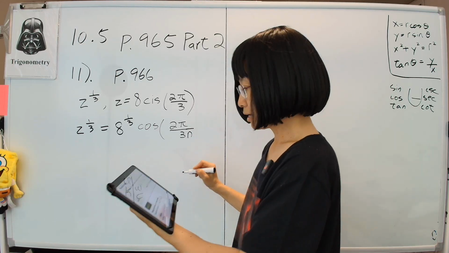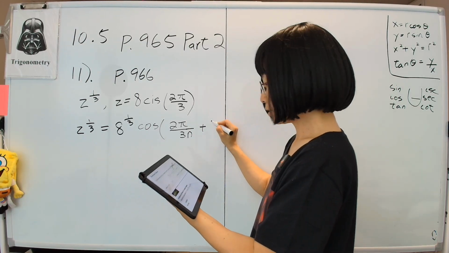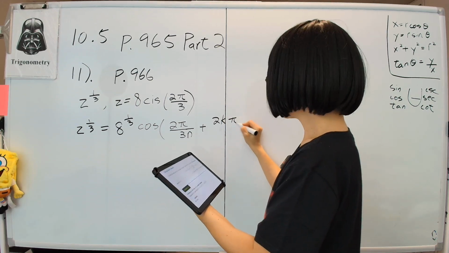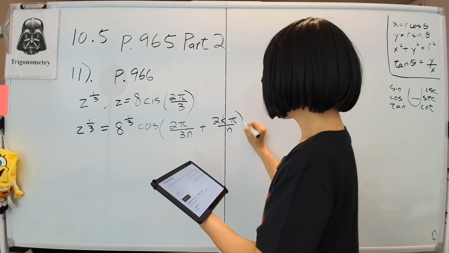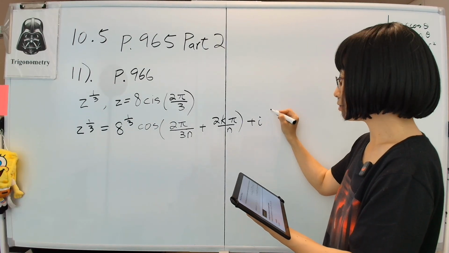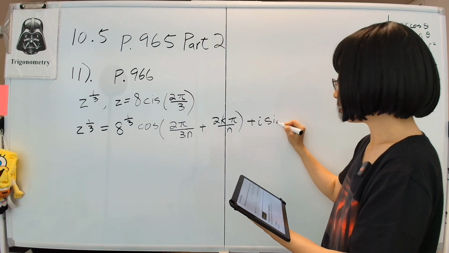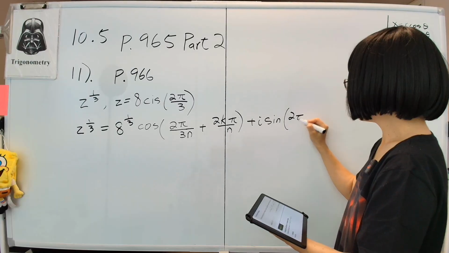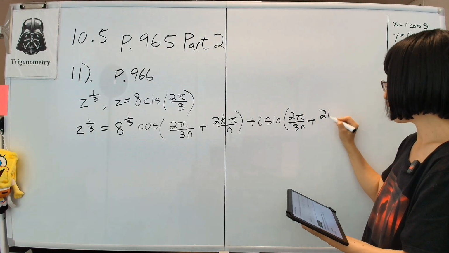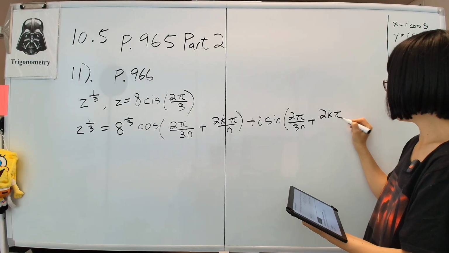Divided by n, and then plus 2k pi over n. Okay, that's the cosine part, and plus i times the sine part looks the same: i sine of 2 pi over 3n, and plus 2k pi over n.